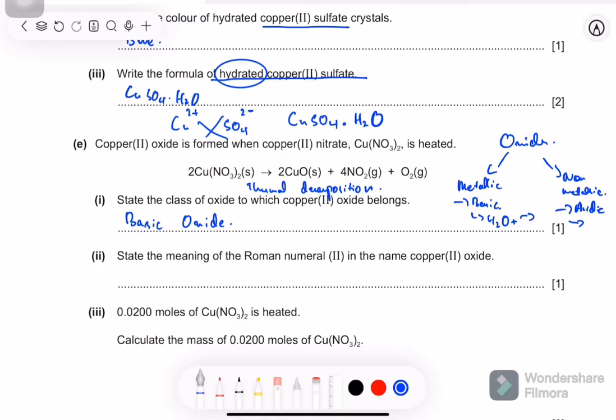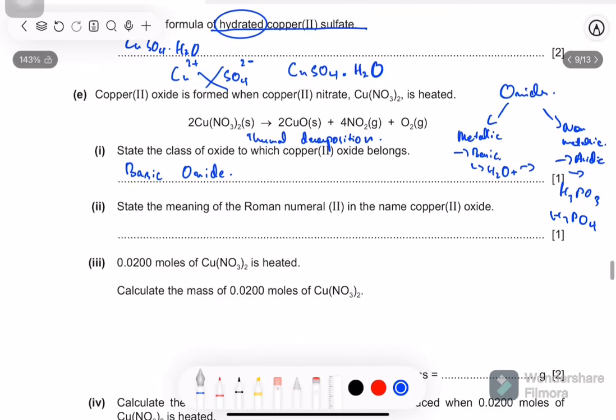Phosphorus oxides, when they react with water, form H3PO3, which is an acid, or H3PO4. However, you don't have to remember all the details of the reactions. This is just an example. You just have to know that metallic oxides produce basic solutions when reacted with water, and non-metal oxides are acidic, meaning that they react with water to produce acidic solutions.